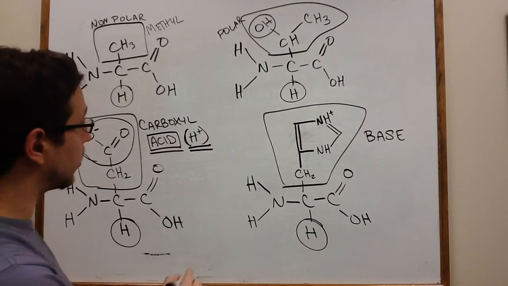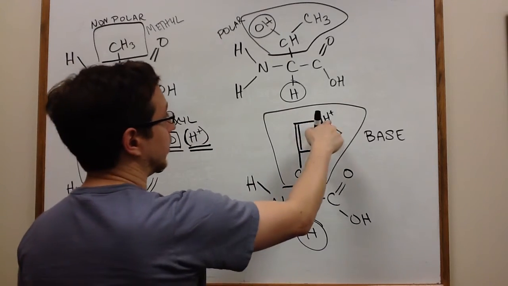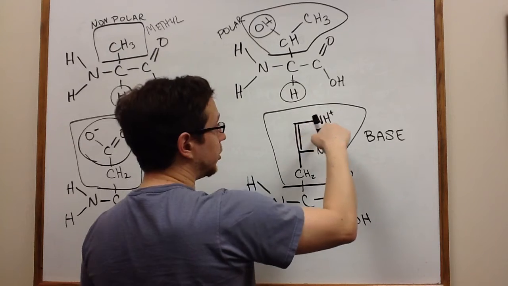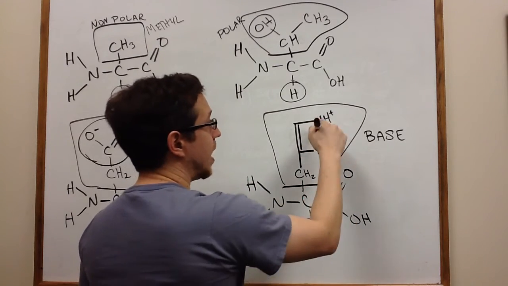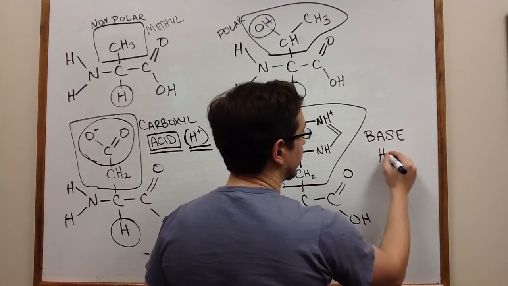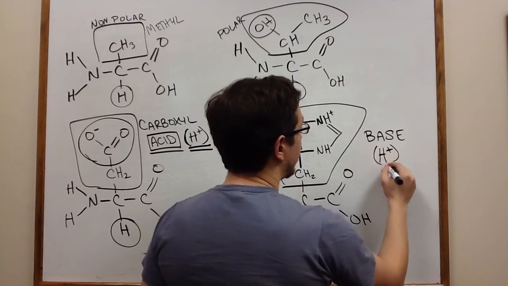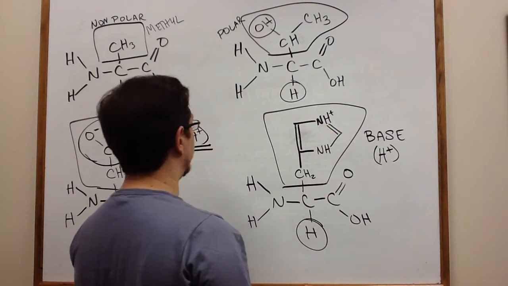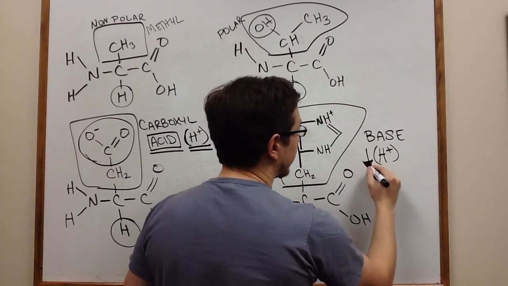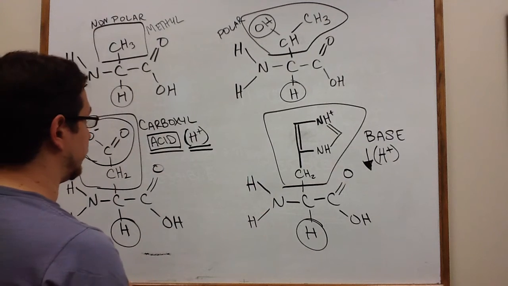But if we also want to look at it, notice this particular region of this R group has an additional hydrogen, giving it a positive charge. Because it bound to that hydrogen, technically what we're doing here is decreasing the proton ion concentration. Okay?